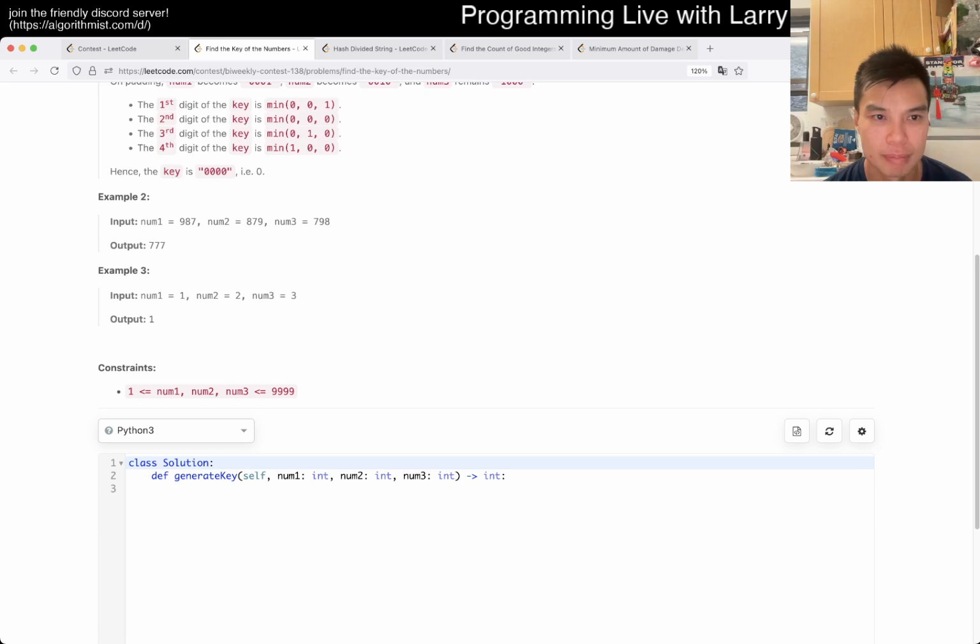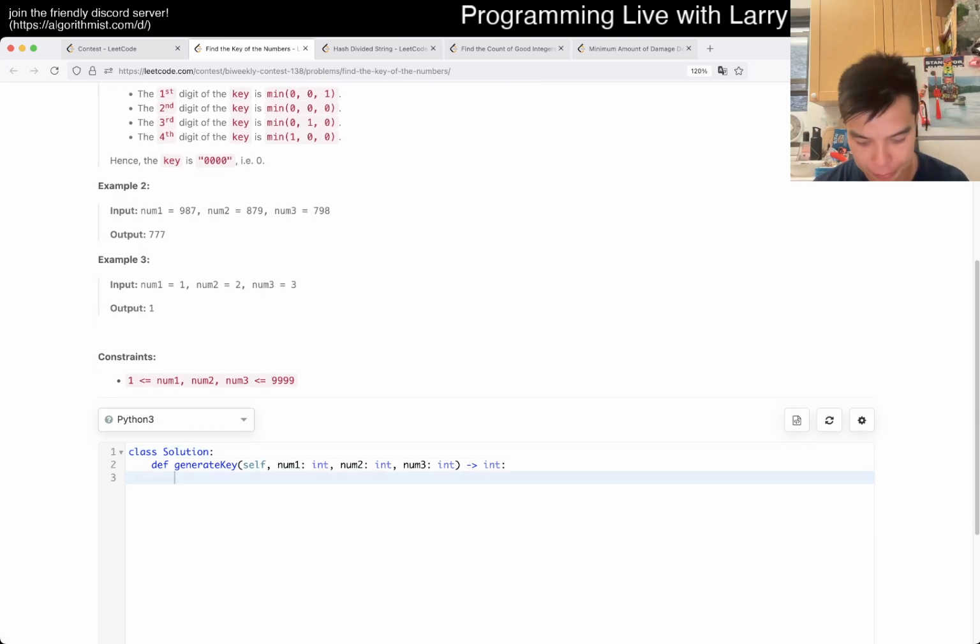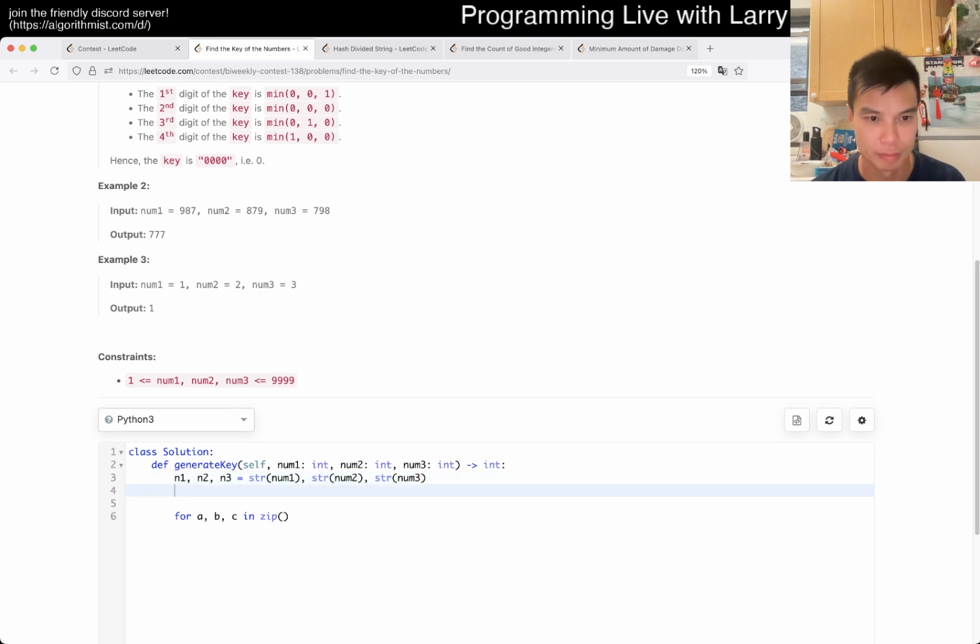I see. I always forget how to do the padding with it. Don't have to do it this way.